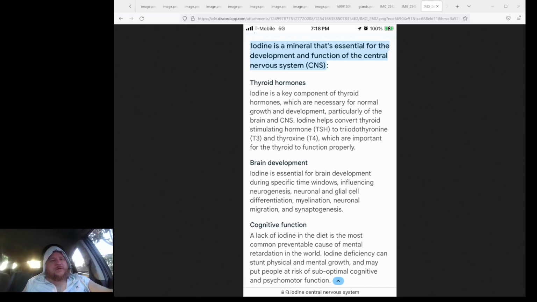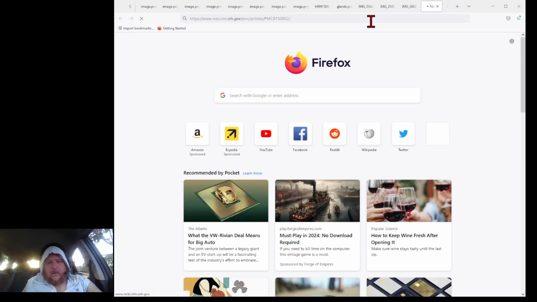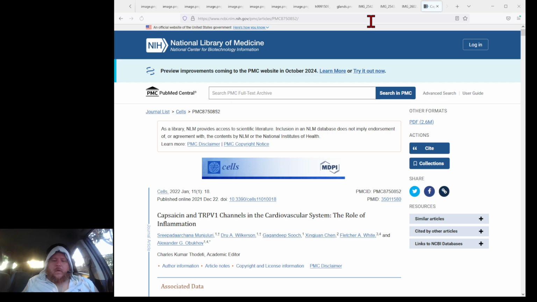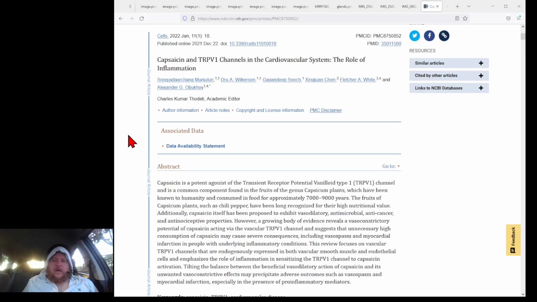One thing I did want to mention was I found an article. Here, I'll put it up on the screen. This article talks about how nightshades, specifically peppers, which contain capsaicin, cause inflammation, but the actual persistent effect through this TRPV1 channel seems to be a vasoconstrictive effect.